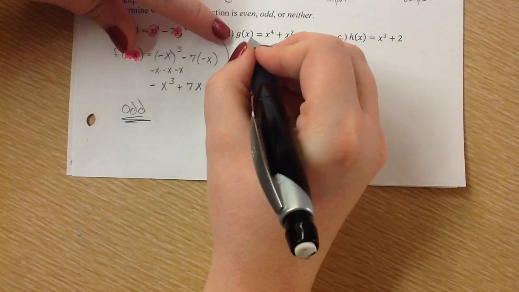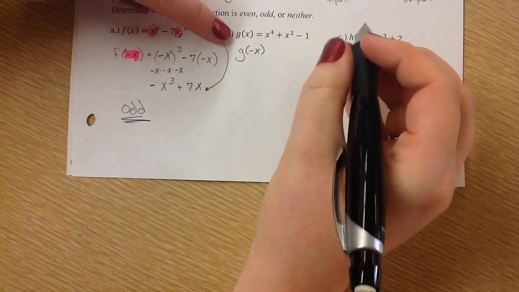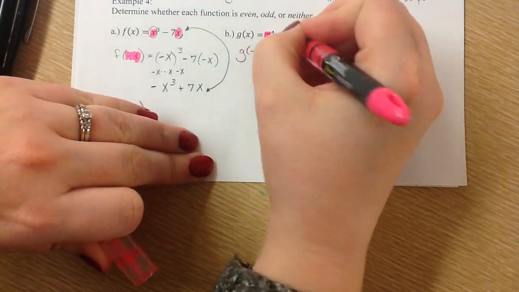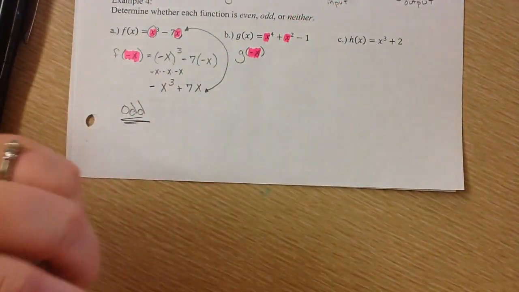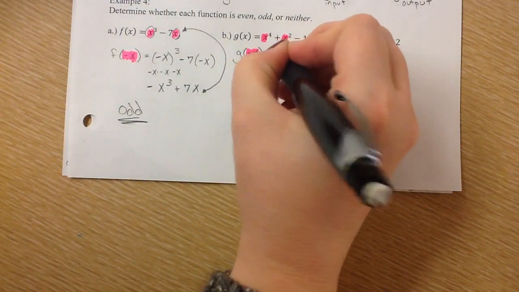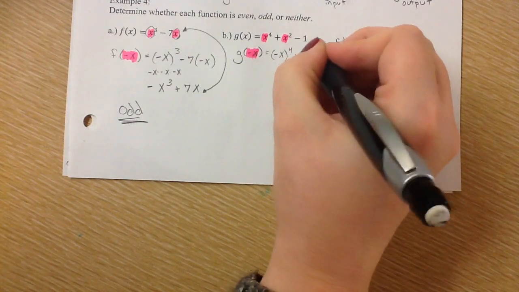So here, this g of x. To determine whether even or odd, we're going to go g of -x. So again, I'm going to replace these x's, that one and that one, with a -x. So instead of x to the fourth, I'm going to have a -x to the fourth plus a -x to the second minus 1.